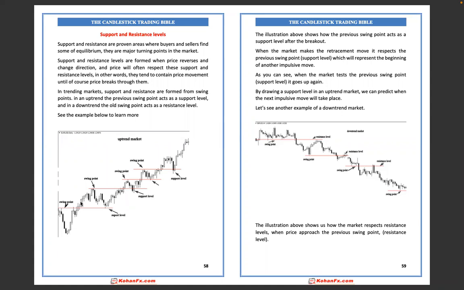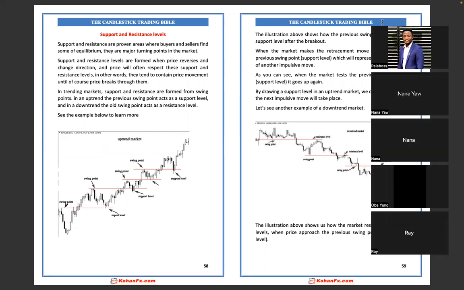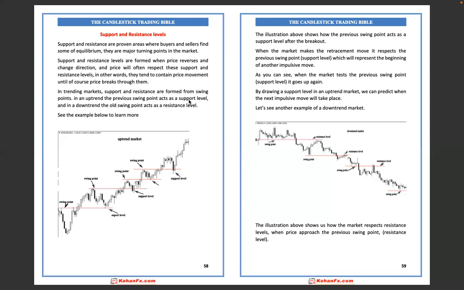But we have also said that we buy on a support and sell on a resistance. This is our anthem. If you look at this side, they have indicated support here. It's in an uptrend, but we can see support levels here.